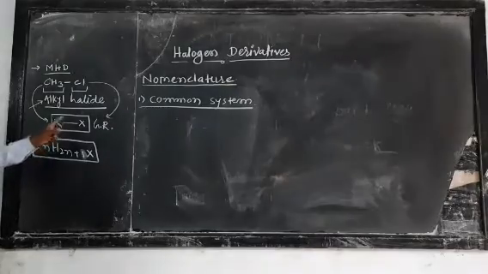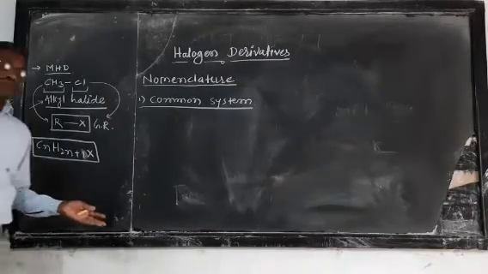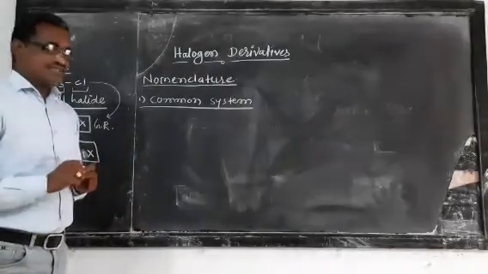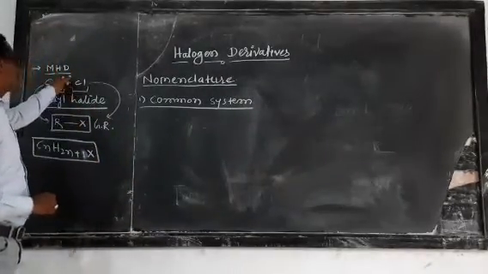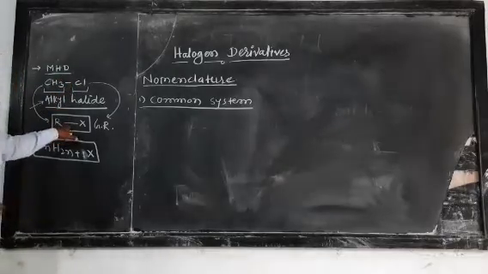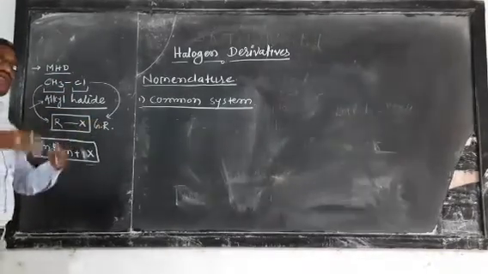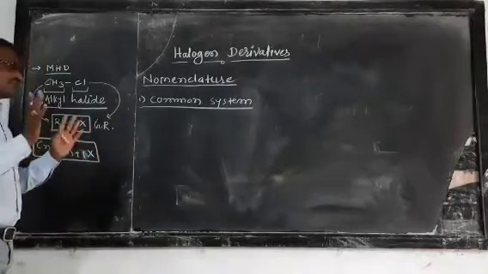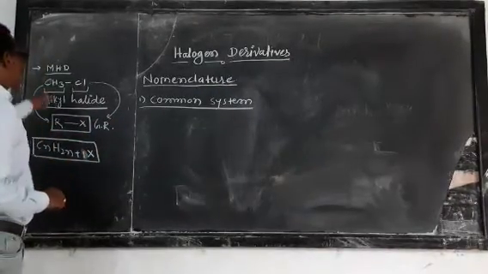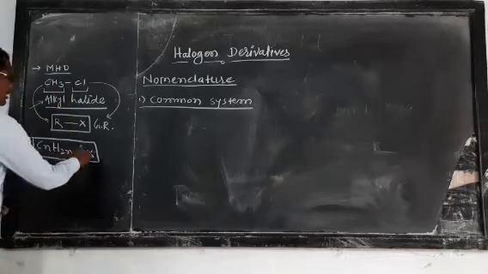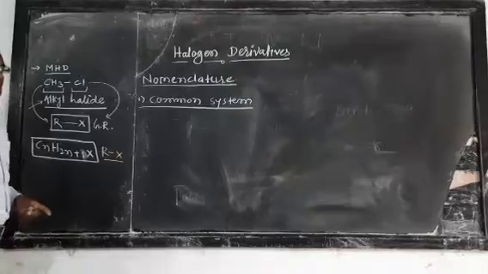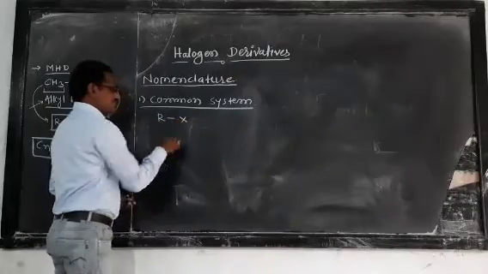The representation is RX. Whenever we have to represent an alkyl halide, we write it as RX. So, a monohalogen derivative is generally represented as RX in various reactions that we have to study further on. So I thought there is a need to explain the representation by RX.